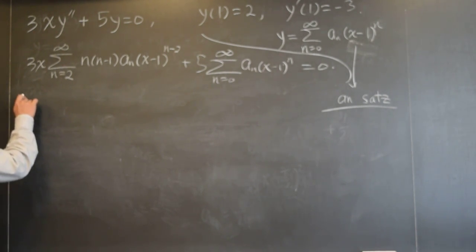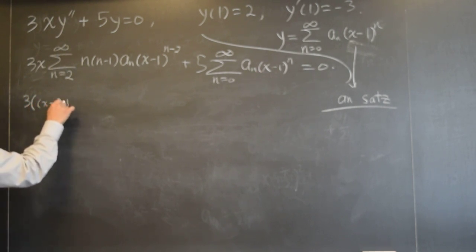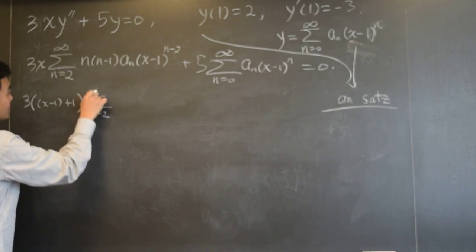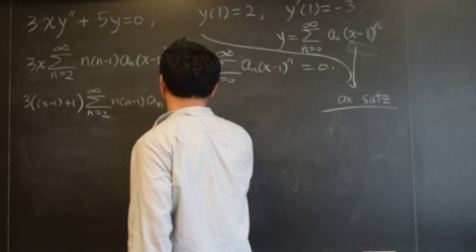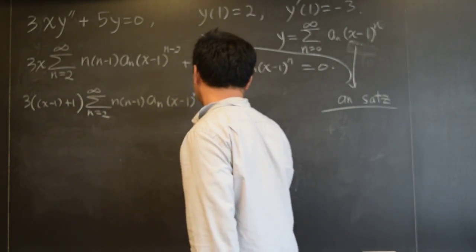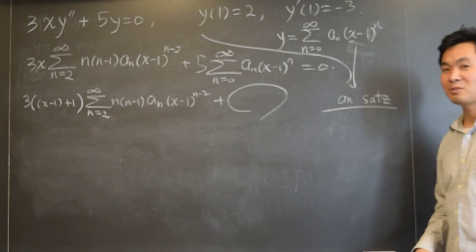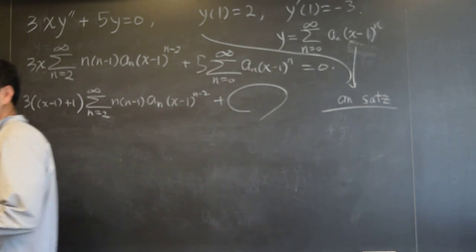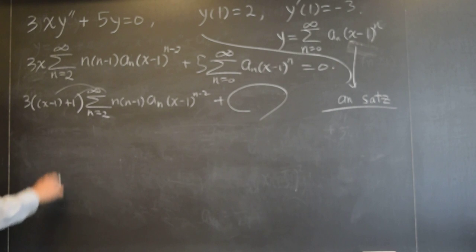The idea is this: you write it as 3 times (x minus 1 plus 1). Plus, this is the same. I'm just being lazy here. So write it like this, and then you multiply this separately.